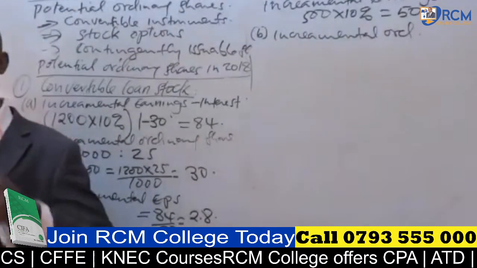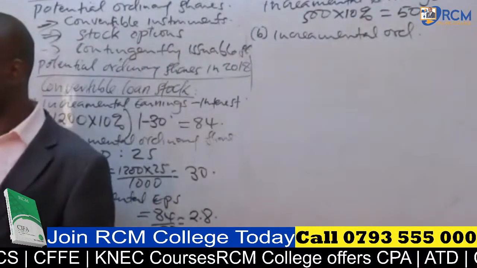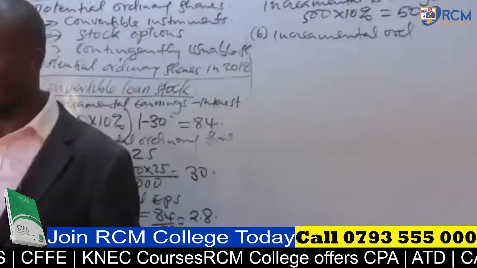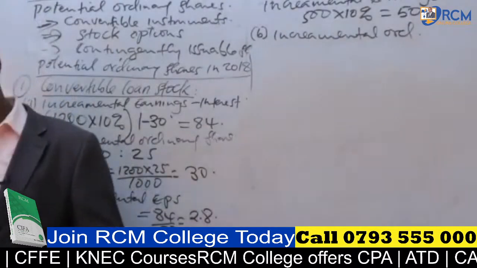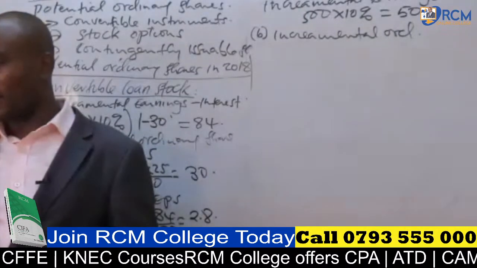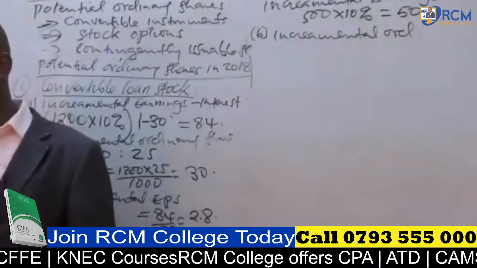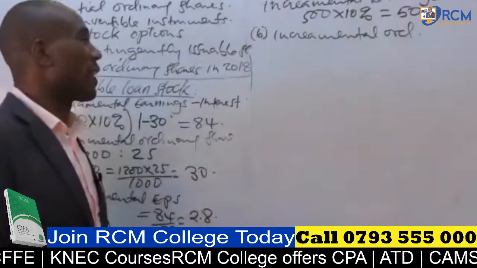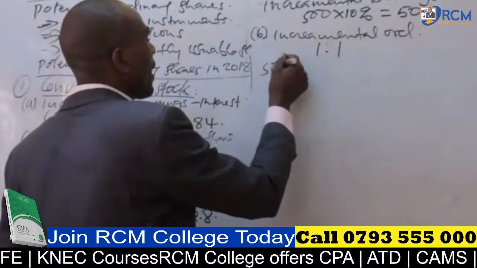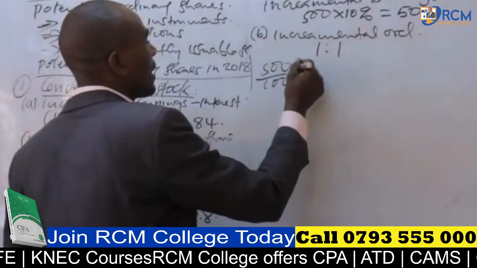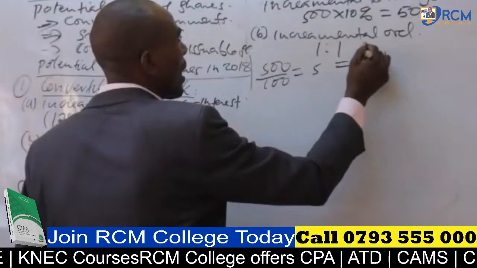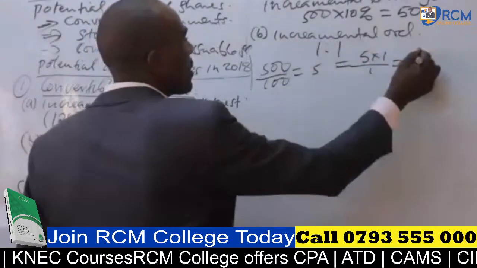How many ordinary shares are we getting from the conversion? 5. Thank you very much. Because it is still 1 for everyone. What about 500 divided by 100? What about 5 million? Equals 5 times 1 divided by 1, which is 5.